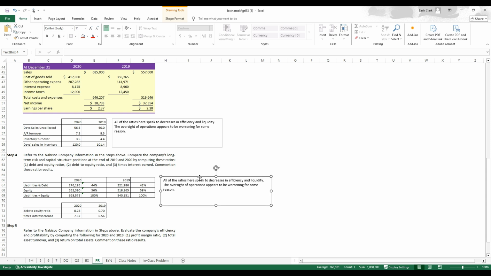Okay, let's add our analysis bubble text box here. And let's see, what do we want to say? So debt to equity is increasing, which shows that increases in debt exceeded the increases in equity.